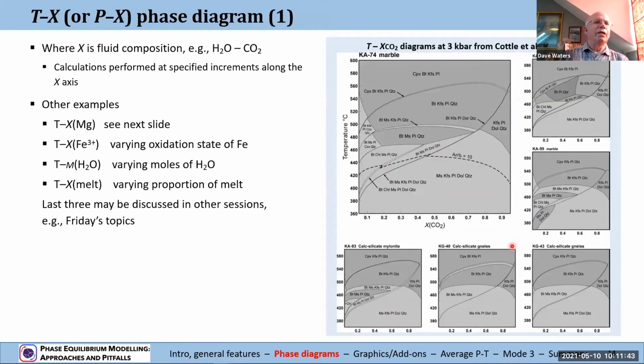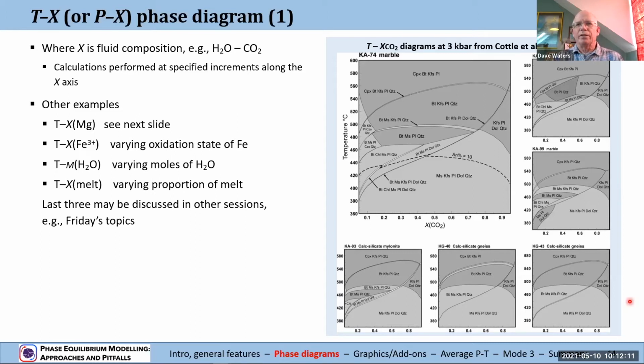So away you go. And now I'm going to run through some of the other types of diagram that you can calculate that are essentially these, not exactly isochemical phase diagrams, but phase diagrams that now you can include a composition variable. This one is a set of diagrams that show volatile phase with two member compositions, H2O and CO2.